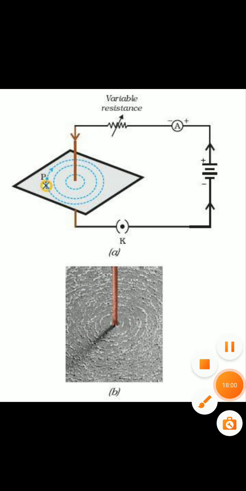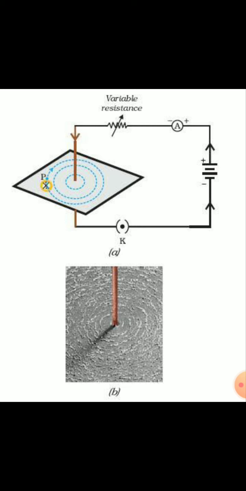So from this we have learned that if the current increases in the circuit, then the magnetic field increases, and as a result the deflection of the compass needle increases. If the distance between the compass and the copper wire increases, which means we move the compass needle away, then the magnetic field decreases because the distance has increased.